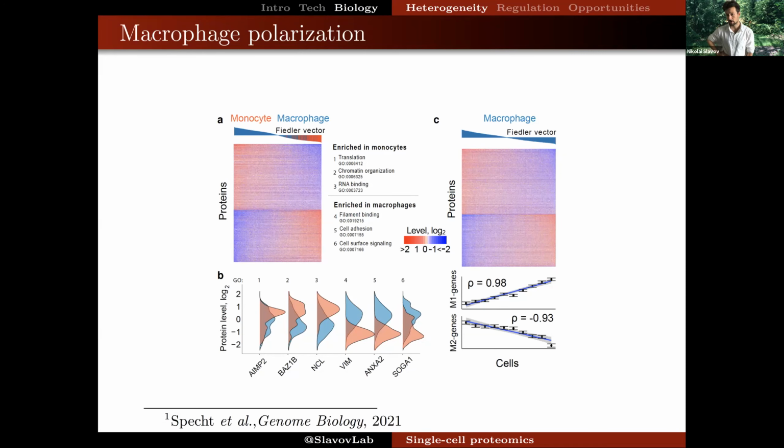What was more exciting for us is to look just at the macrophages and to explore any heterogeneity present in that population. You could actually see on the previous slide, even in the PCA plot, that macrophages were more heterogeneous. And in this case, when we analyze the proteins that are more abundant in either end of the spectrum, we found a very strong correlation to previously established protein markers of either classically activated, sometimes called M1, or alternatively activated M2 macrophages.